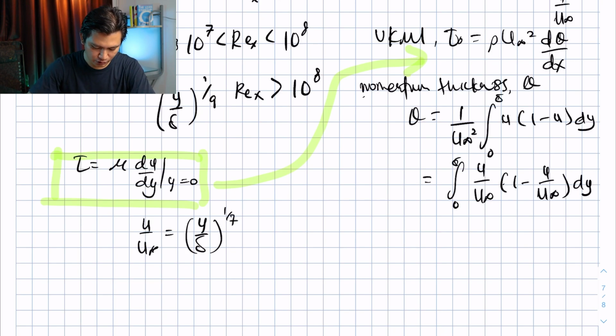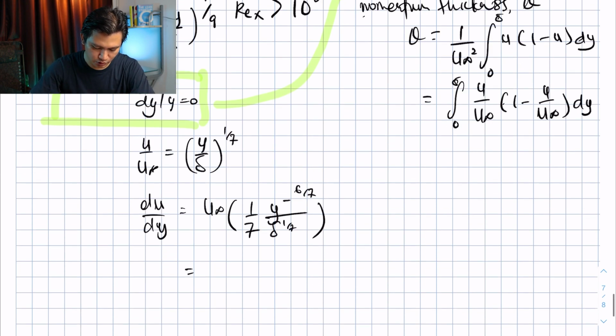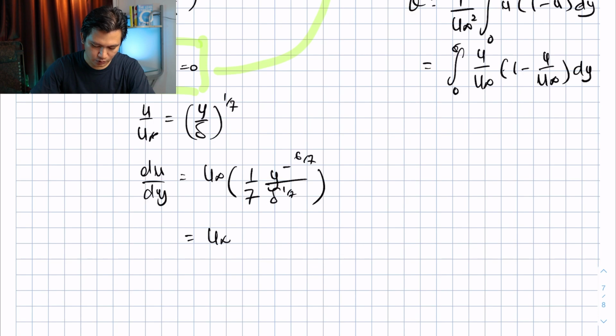If you want to find du over dy, you end up with u infinity times 1 over 7 y to the power of minus 6 over 7, divided by del to the power of 1 over 7. If I rearrange it, this is u infinity 1 over 7, del to the power of 1 over 7, times 1 over y to the power of 6 over 7.